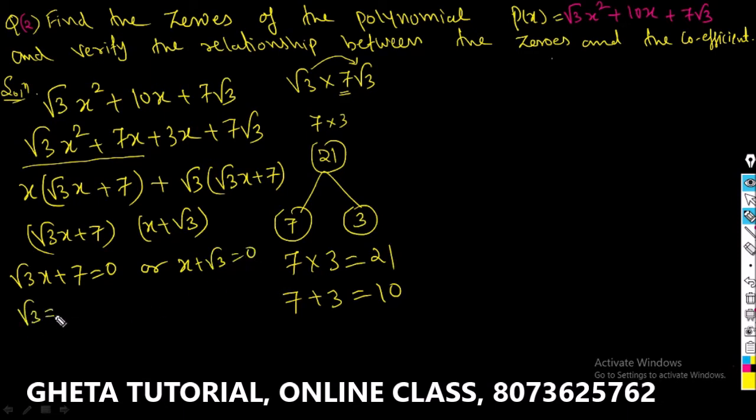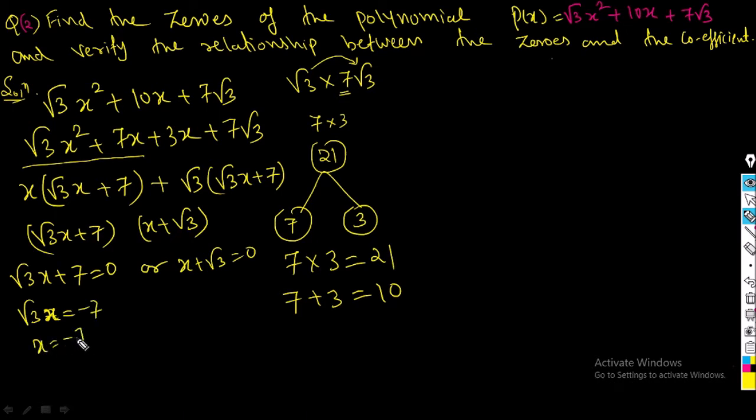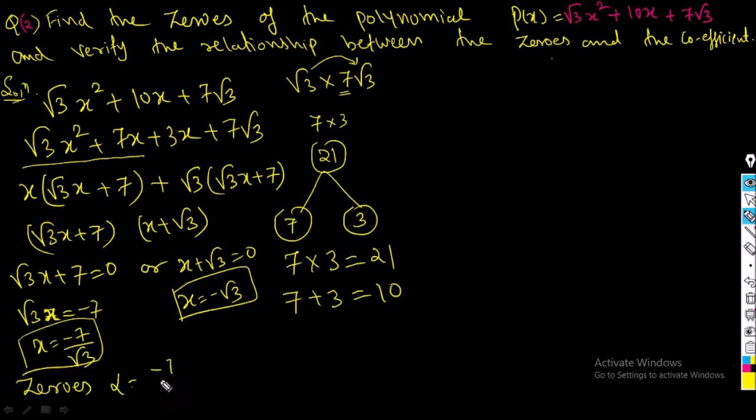If you transpose plus 7, it becomes minus 7. So x is equal to minus 7 by root 3, and here plus root 3 transposed becomes minus root 3. So here the two zeros are alpha equal to minus 7 by root 3 and beta equal to minus root 3.